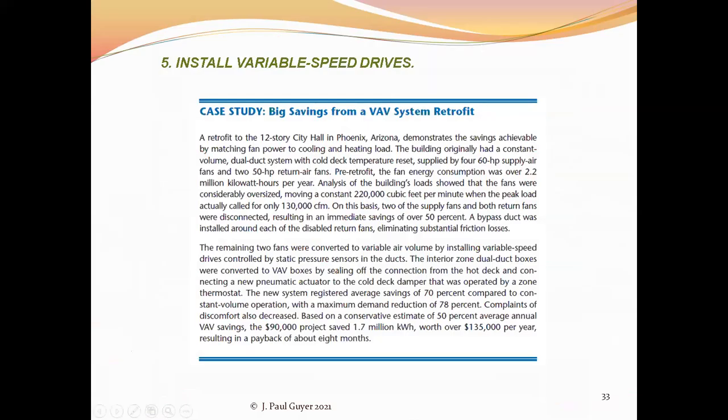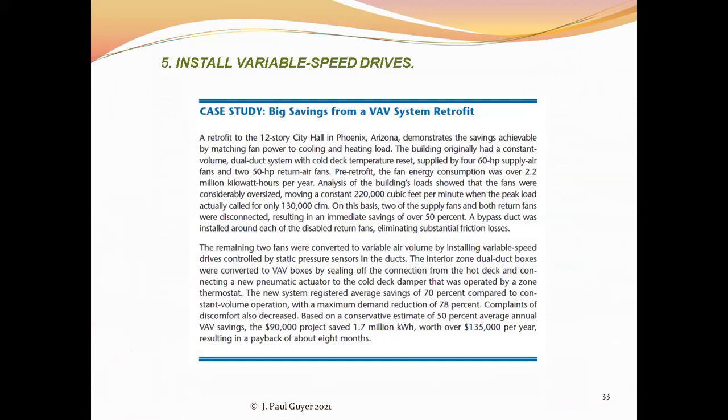Now, we've got a few case studies along here just to illustrate the savings you can get with a VAV conversion. This was a building in Phoenix, of course, heavy cooling demand in the summer, and a 12-story city hall.